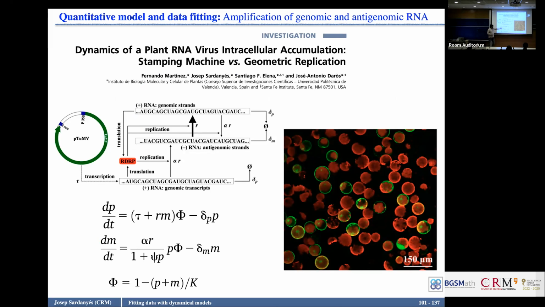The system starts when this parameter now starts accumulating P. And this is just a matter of the experiment, because in order to start the infection they need to include this construct, so the initial condition is zero. The system by itself just starts. So I don't care about the initial condition.